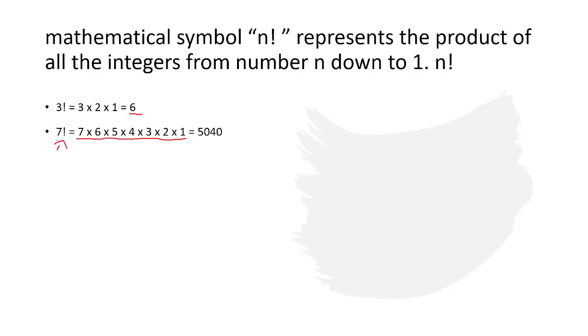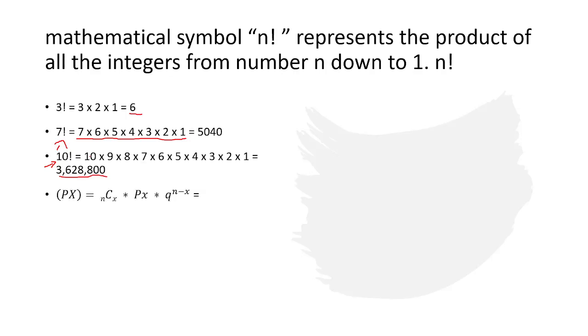If we do 10, it will be 10 times 9 times 8, and so on. You can also use this on your calculator. Some scientific calculators have this option. This is pretty much the formula we're going to use.